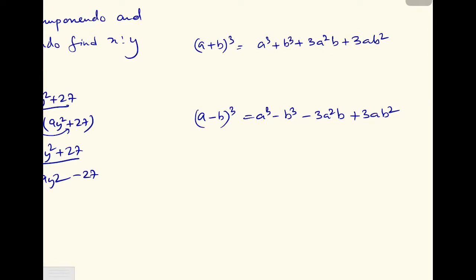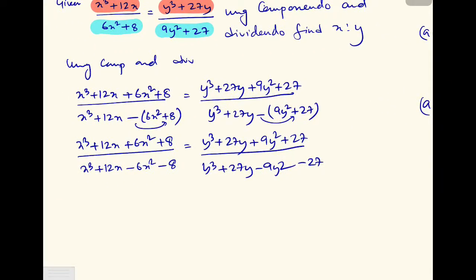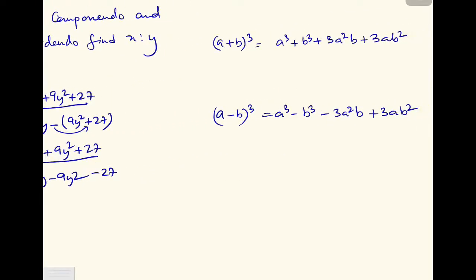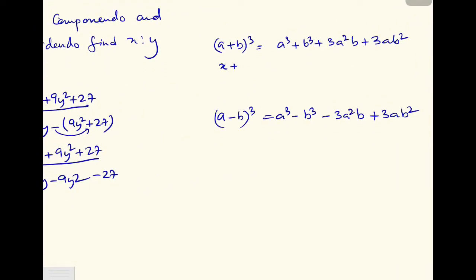Now if this is the formula, how does it relate to this? See here, somewhere it's connected. It's x cube connected with this. What happens if I replace a by x and b by 2? Then this will become x cube plus 2 cube, because now my b is 2.